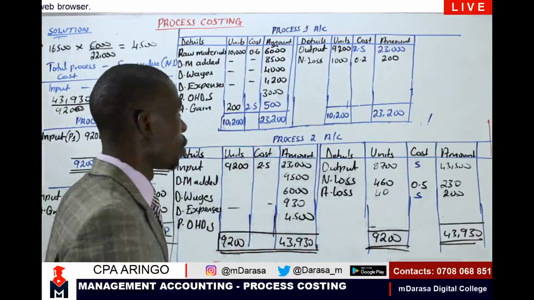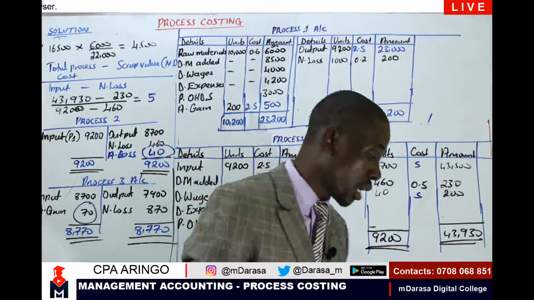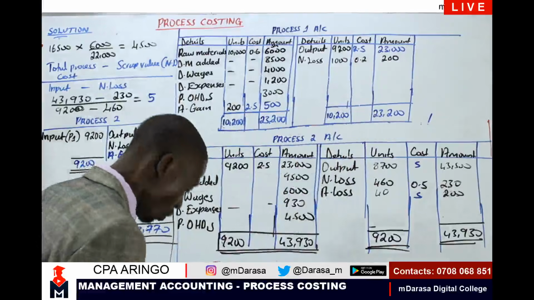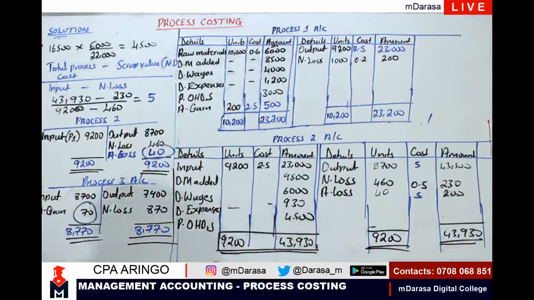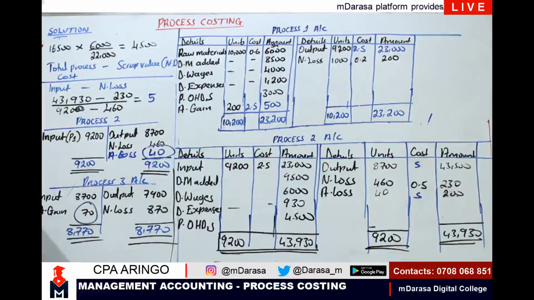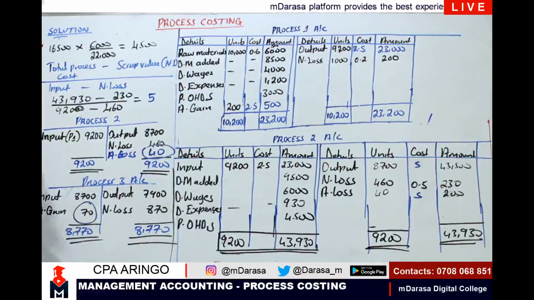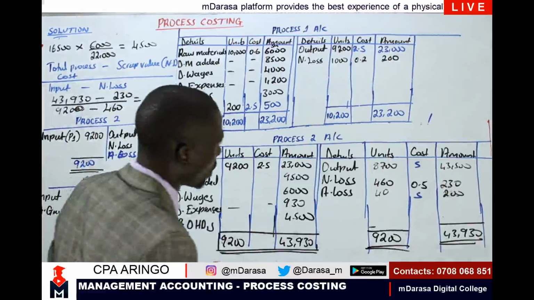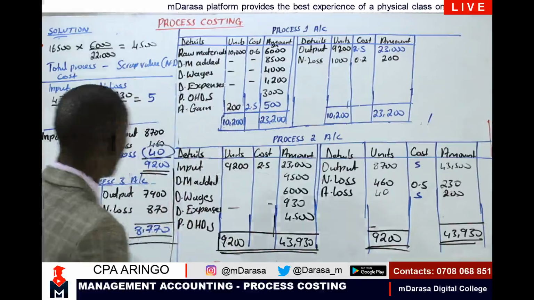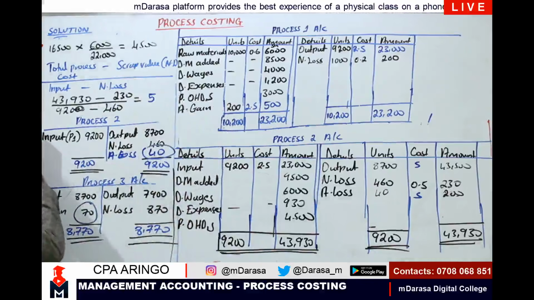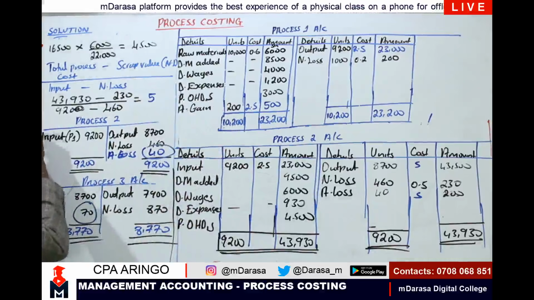So after we have that, at this point you can clearly record our abnormal loss, we can record them somewhere. Abnormal loss value, we have our 200 abnormal loss value for process 1, for process 2. So in that case, we have our 200, that was our 40 by 5.